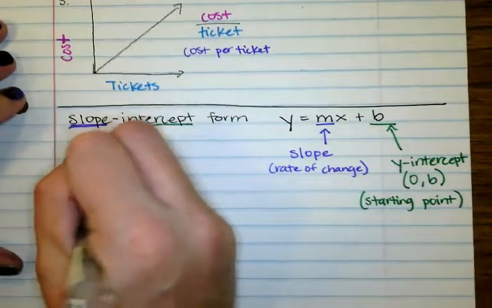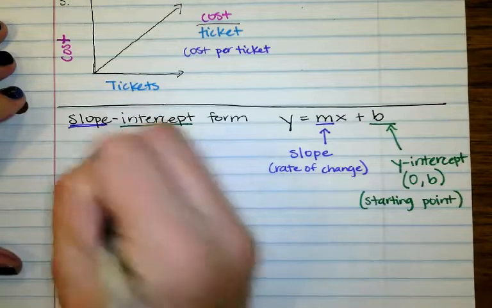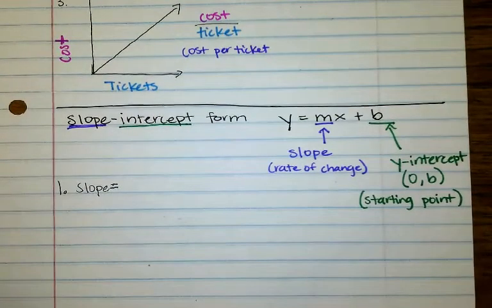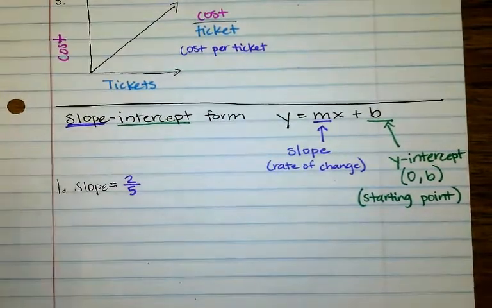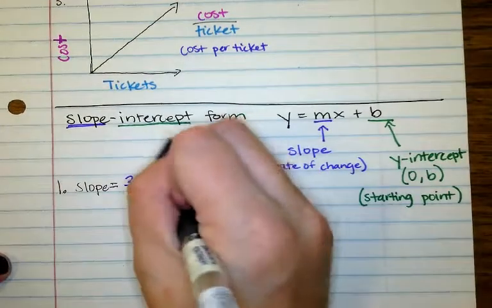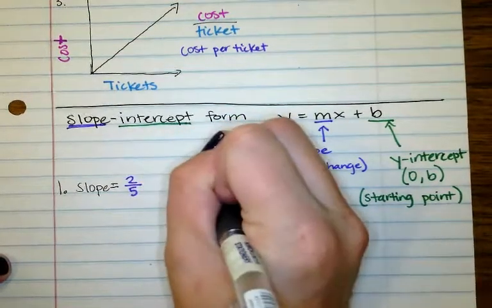Are y'all good with that? So my slope is going to be equal to 2/5. And my y-intercept is equal to, let's say, -2. Are you guys okay with that? Okay. My y-intercept is -2.